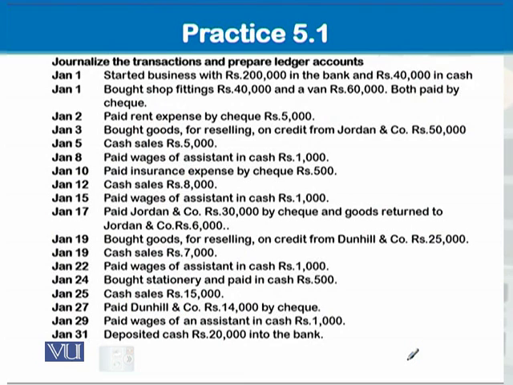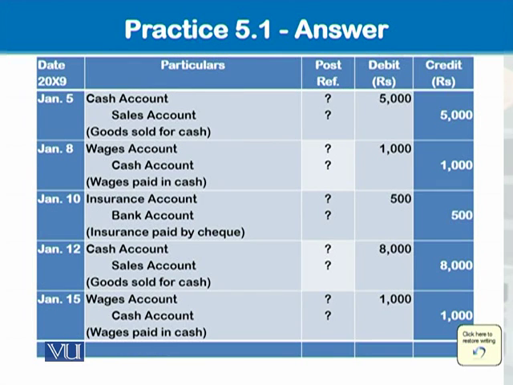So this is a practice question in which we have so many transactions on different dates. And just see that all these transactions have already been recorded in a journal.